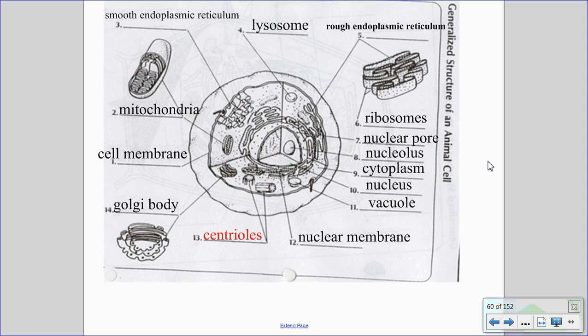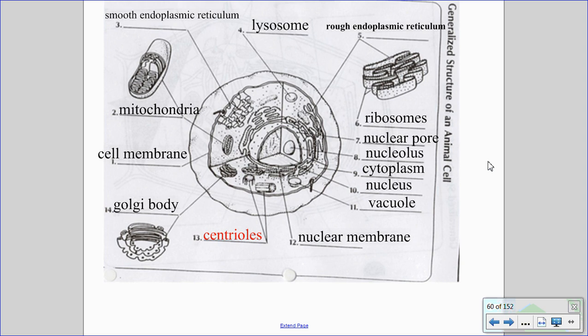Number seven is the nucleopores, or nuclear holes. Number eight is the nucleolus. Nine is the cytoplasm, ten is the nucleus itself, eleven is a vacuole, twelve is the nuclear membrane, and thirteen are centrioles. In this diagram, I color-coded the centrioles red because that's a structure that's unique to animal cells.